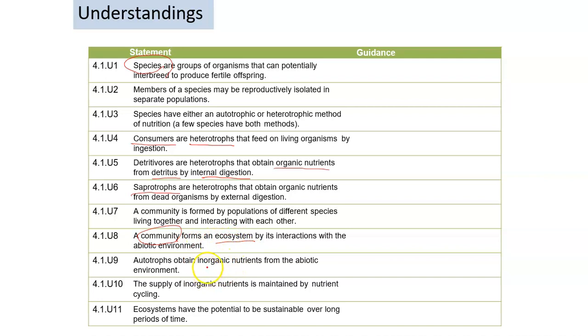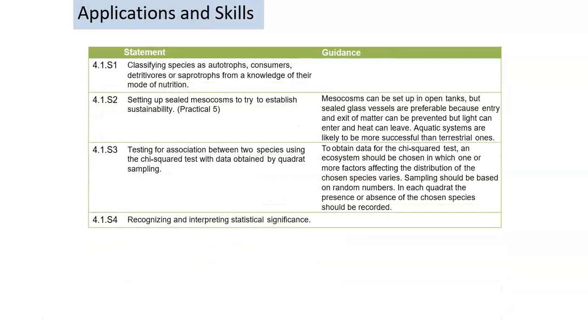Also the autotrophs, the opposite of heterotrophs, which produce food by themselves, whereas heterotrophs get their food from autotrophs, and how the inorganic nutrients will be maintained by nutrient cycling, and the ecosystem definitions.